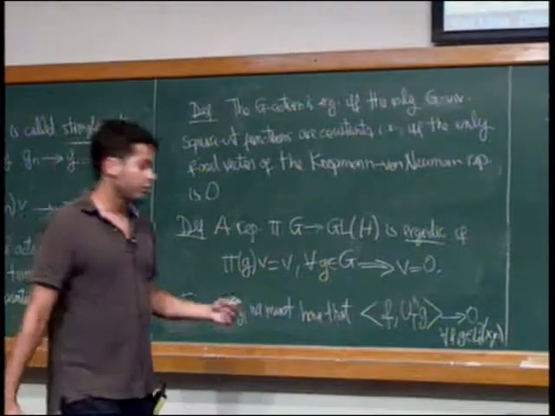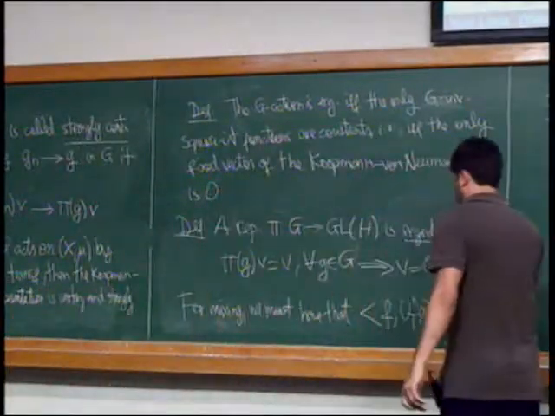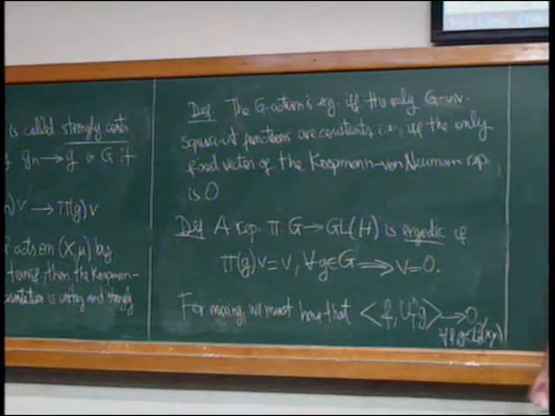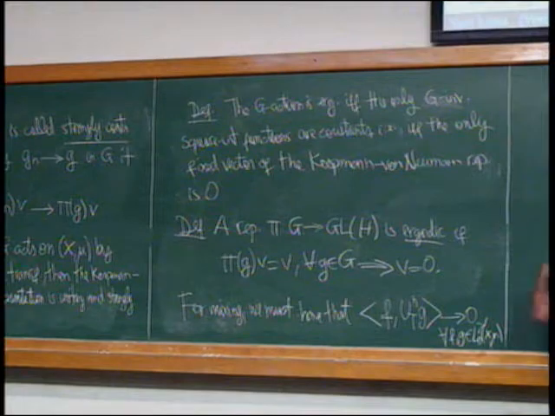So we could abstract this notion to representations and say what it is for a representation to be mixing. For that I have to introduce what are matrix coefficients of the representation.